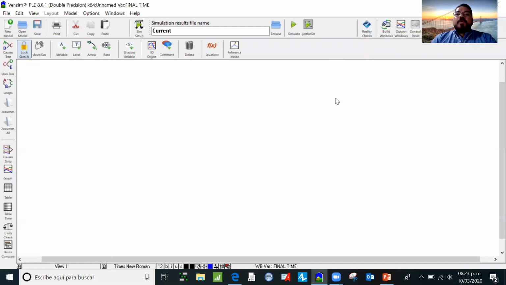Okay, so once we are in VENSIM, we should establish the first variables that are very, very easy to identify. The first of those variables is going to be the inventory itself. And the inventory itself is a level variable, a variable that accumulates the inventory. So we name this variable inventory.